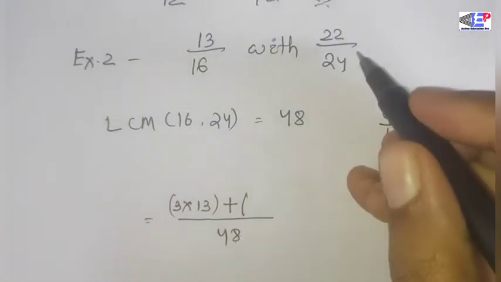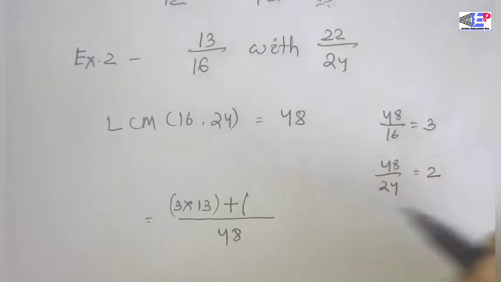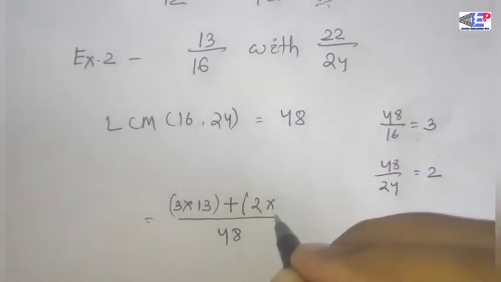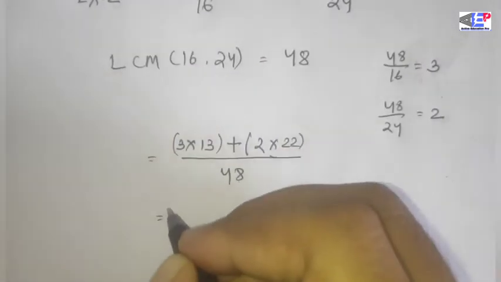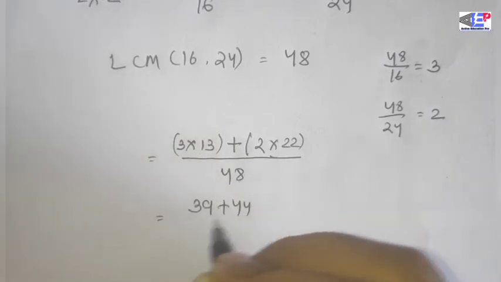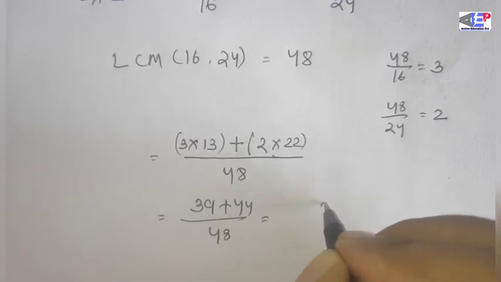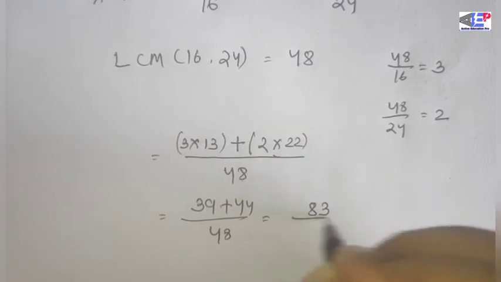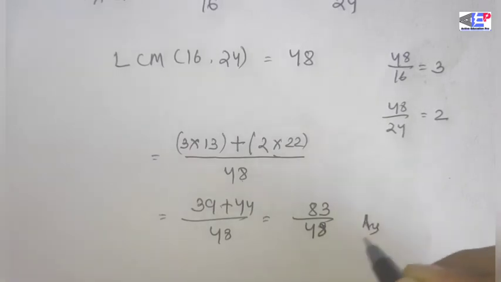Again divide 48 by 24. 48 by 24 will be 2. So 2 multiplied with the numerator 22, and then solve it. 13 threes are 39 plus 44, by 48, and your addition result will be 83 by 48. It is your answer.